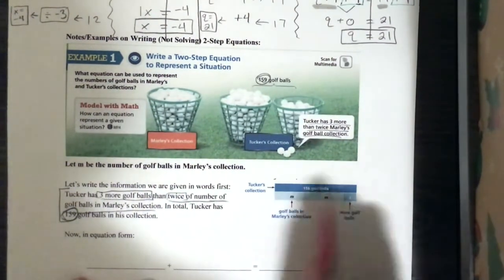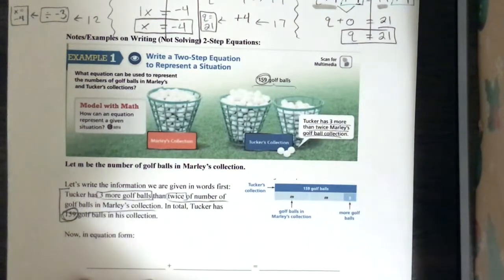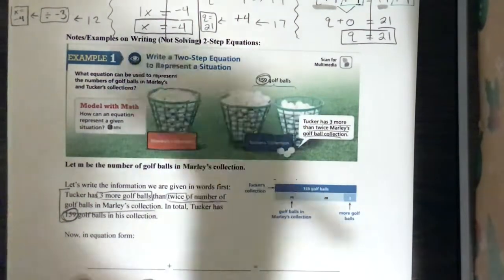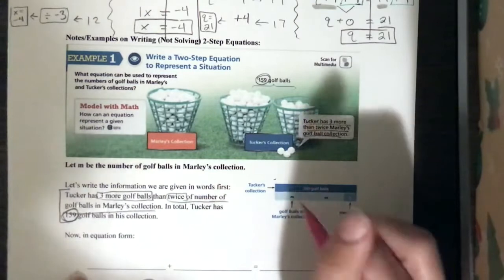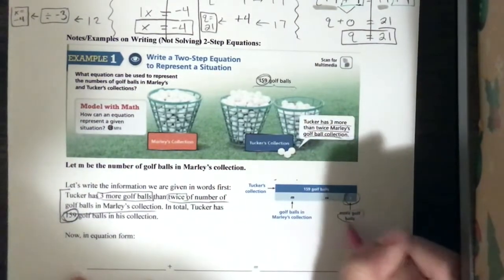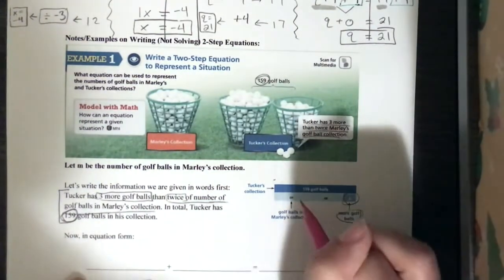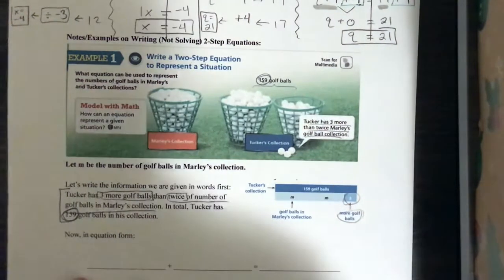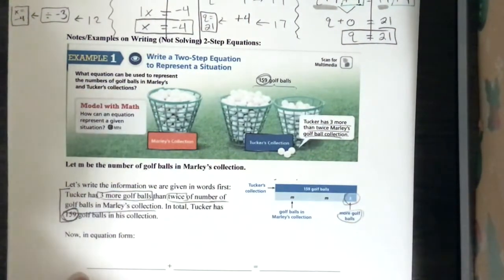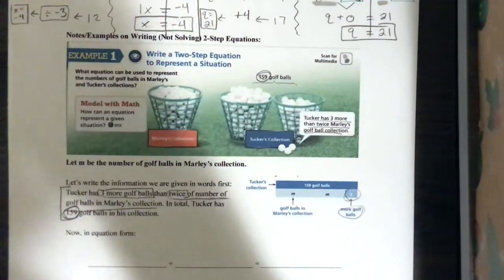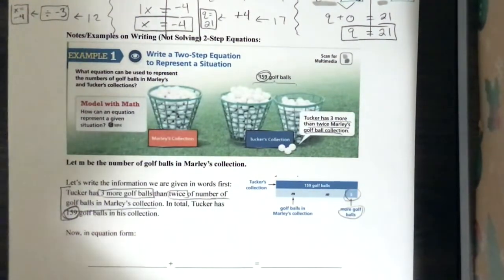Tucker has 159 golf balls, and then if we compare the number of golf balls to Marley's collection, we know he has 3 more golf balls than twice M. We're going to say M is the number of golf balls in Marley's collection. So now I'm going to try to write that in equation form. I'm going to start in word form and then we'll go from there.